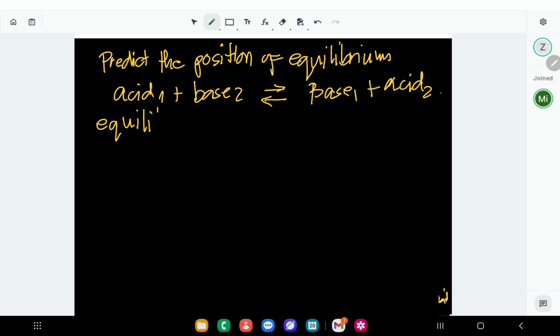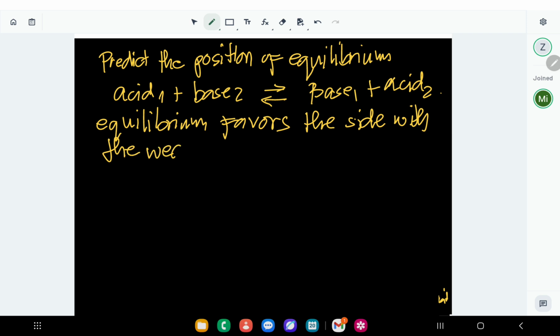Equilibrium favors the side with the weaker acid and weaker base. All right, so this means that proton transfer goes from stronger acid to the stronger base, producing weaker species.